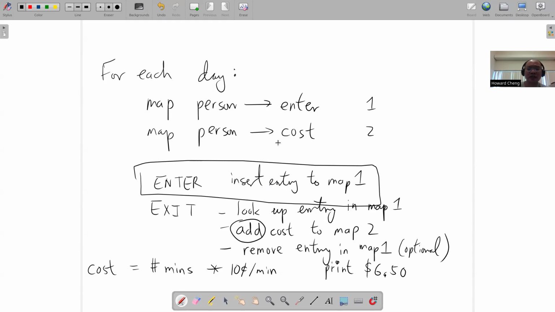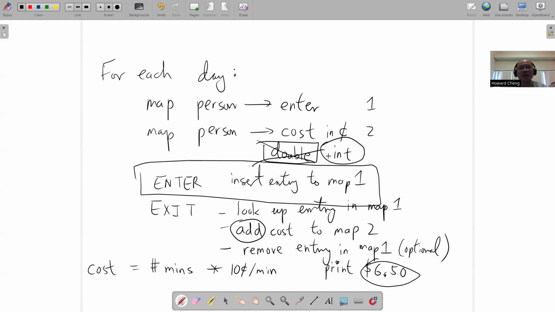You might think that since this is a floating point number, we're going to store it as a double. That is a really bad idea, because floating point numbers can have rounding errors. In general, when you deal with dollars and cents, it is better to store the cost in cents, as some kind of integer.